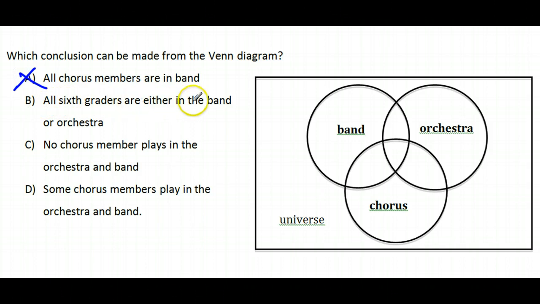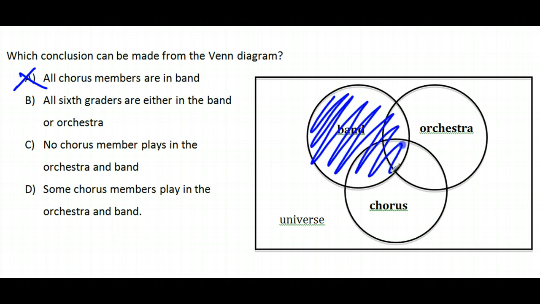B, all 6th graders are either in band or an orchestra. So essentially, is everyone either in band or in orchestra? And the answer would be no, because we can find somebody that's over here that's in chorus but not in band, or in chorus but not in orchestra. And what about the person that's in nothing?